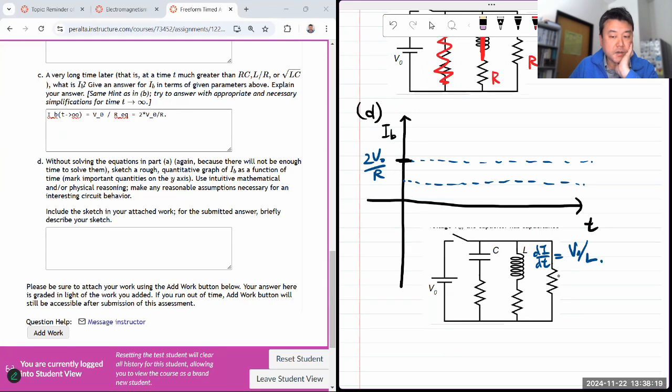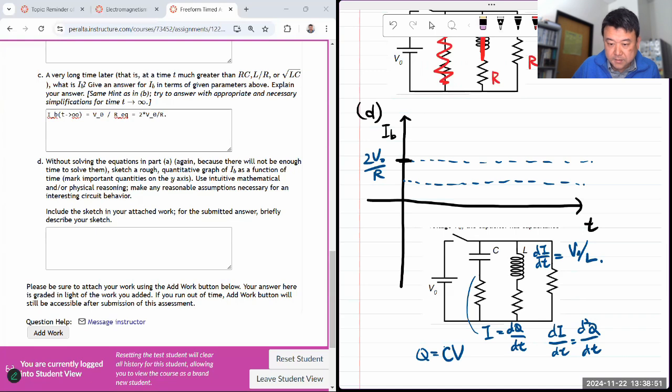And here, I is equal to dq/dt, and so di/dt is the double time derivative of q. q is CV, I think. Am I remembering it right? Yeah, I think q is CV, capacitance times the voltage.